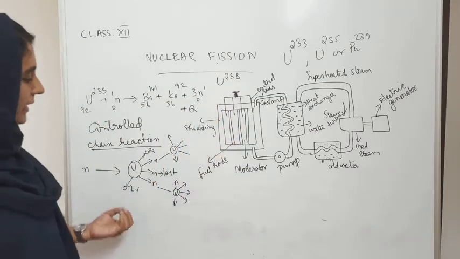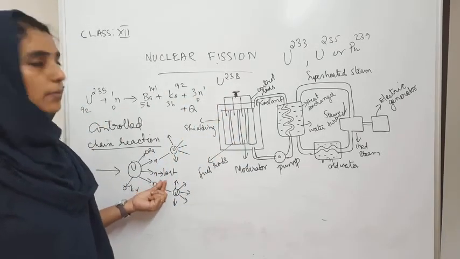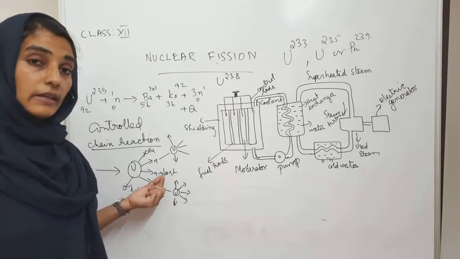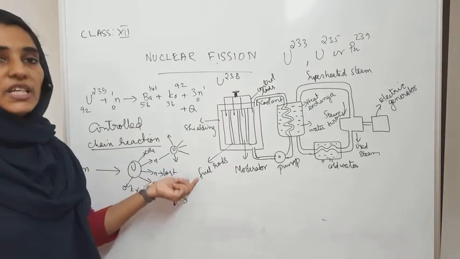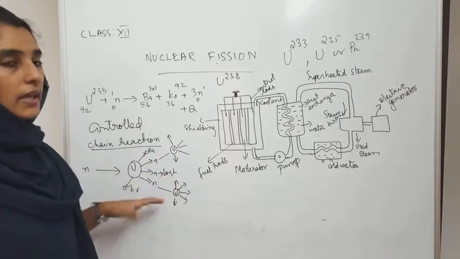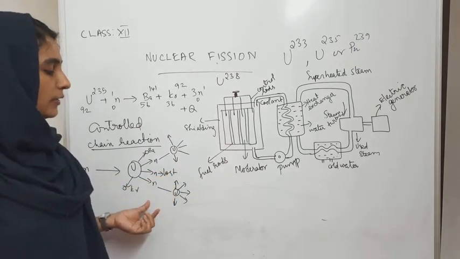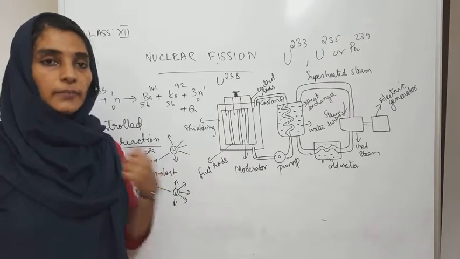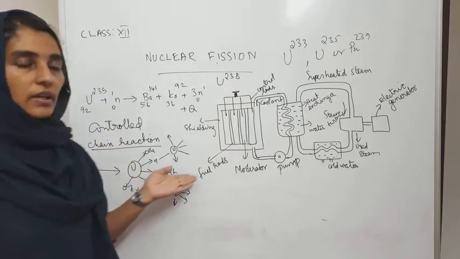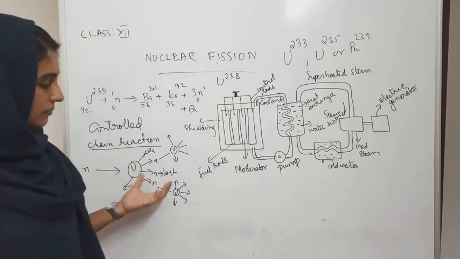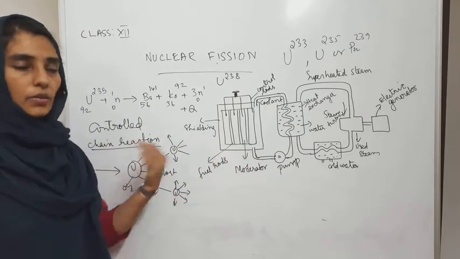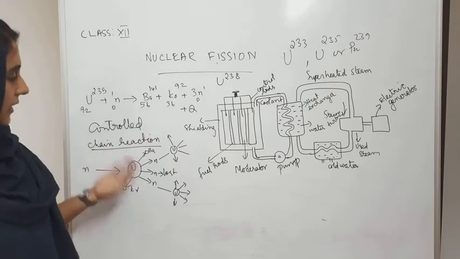But some of the neutrons may leak out from the reactor core and will not initiate a further reaction. So out of three, you can consider almost two neutrons may engage in further nuclear reaction due to the loss or leakage of neutrons from the reactor core to the surroundings.